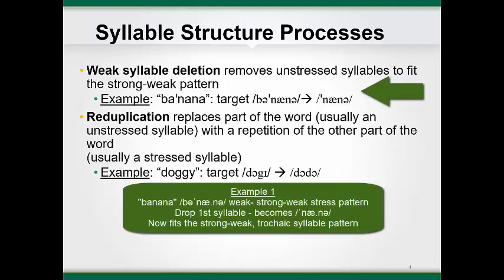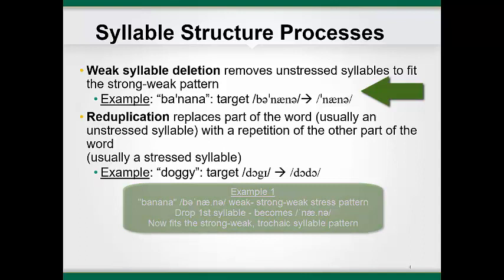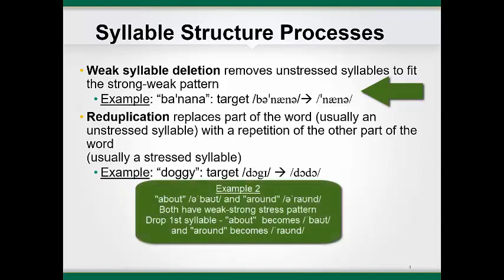Banana has a weak, strong-weak pattern because both the first syllable ba and the last syllable na are weak syllables. By deleting the ba, the word now fits the strong-weak pattern. Weak syllable deletion can also reduce a word to one syllable. Again, especially if a two-syllable word does not fit the strong-weak pattern. For example, as in bout for about or round for around.